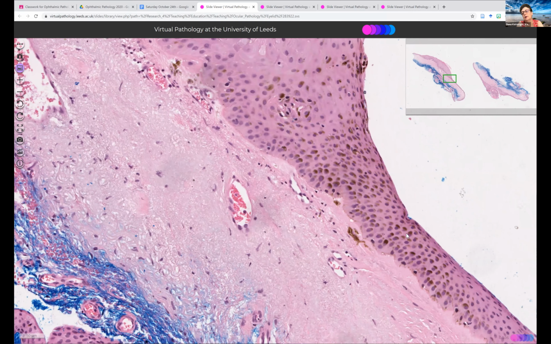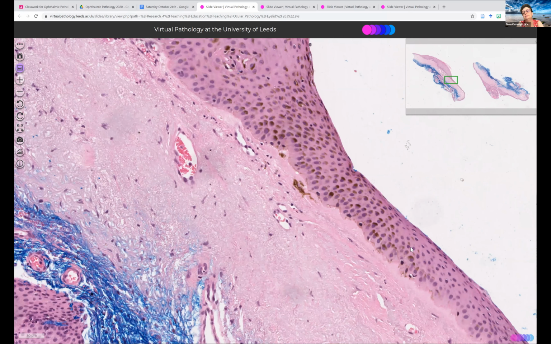It's a good example of it, I think. The melanin is produced by the melanocytes, which are dotted about every 5th cell along the bottom. Maybe that little fellow there. Yeah, I think that's one. But actually we can see the melanin has been transferred into the squamous cells, as it does.